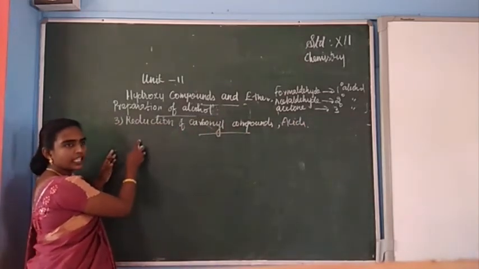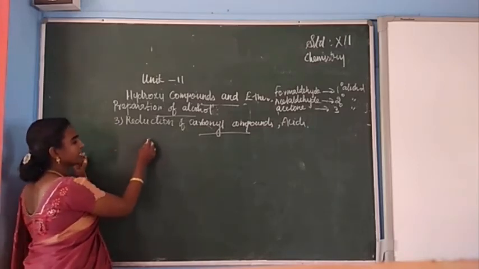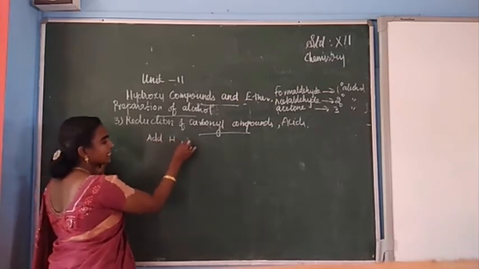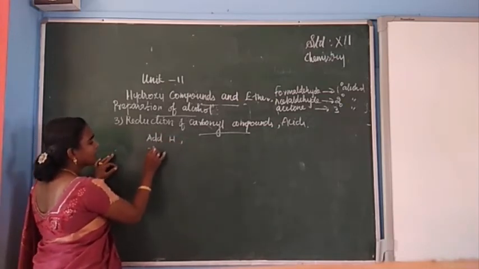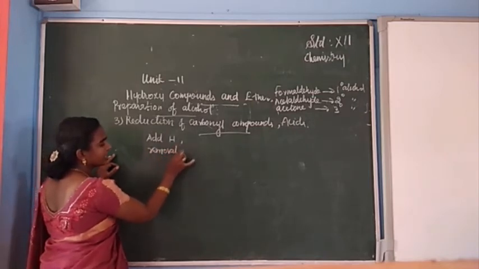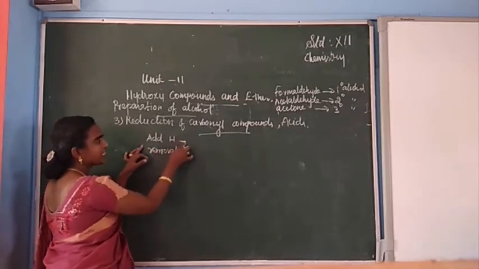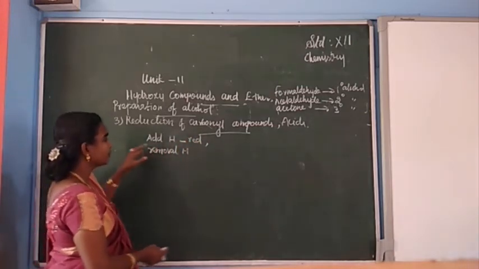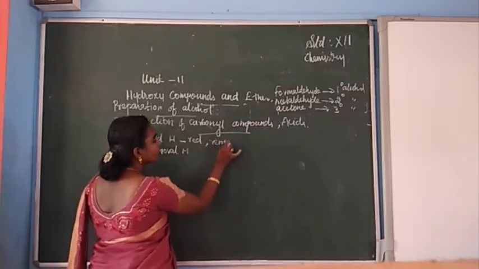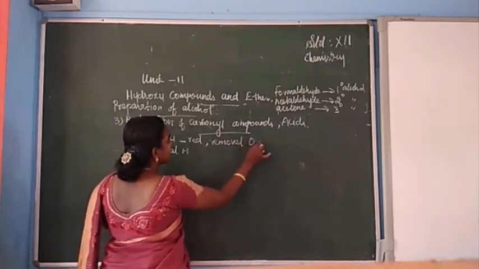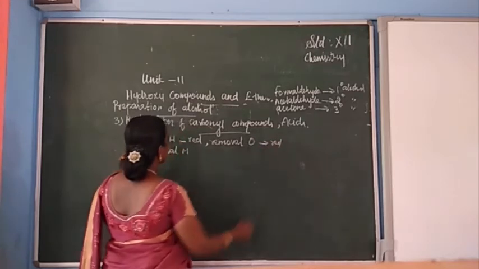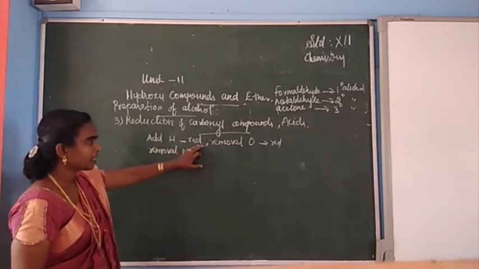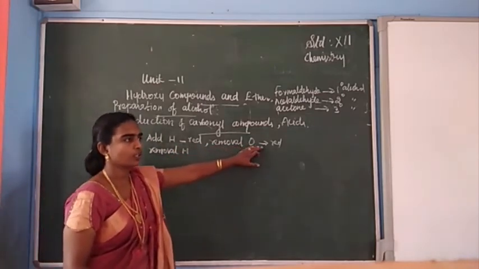So, reduction in terms of hydrogen, we can say addition of hydrogen. Addition of hydrogen is called reduction. In terms of oxygen, removal of oxygen is called reduction. In terms of hydrogen, addition of hydrogen is reduction. Removal of oxygen is also a reduction.